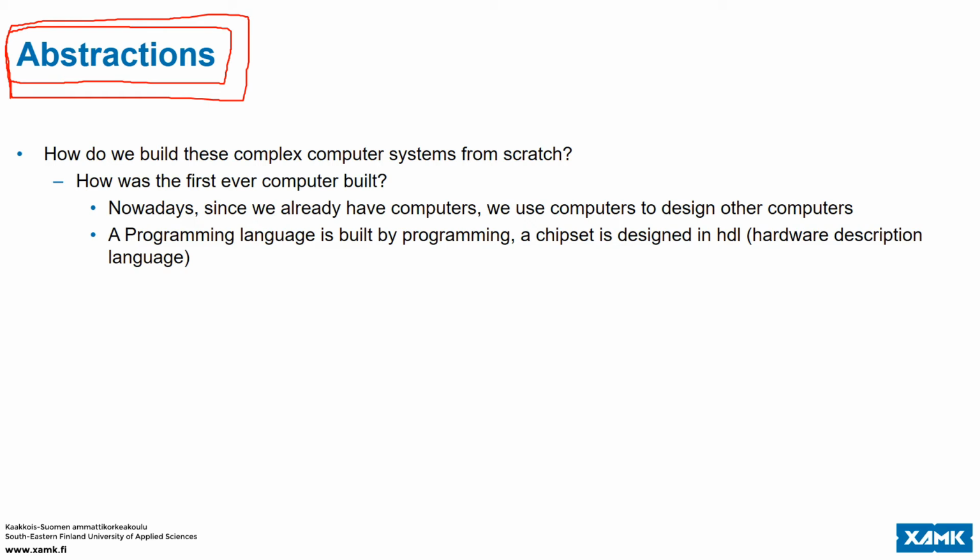The short answer here is, nowadays, since we already have computers, we can use computers to design other computers. This is a funny quirk of how computing works. So, for example, programming languages are built using other programming languages, and chipsets are designed by using computers utilizing something called hardware description language. So we design the actual computer hardware using computers.